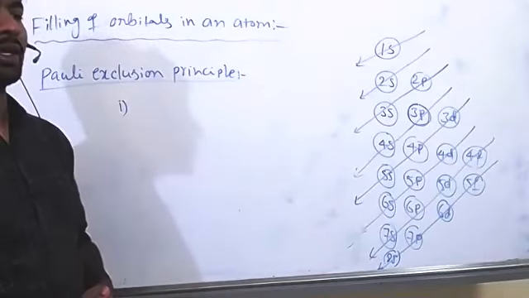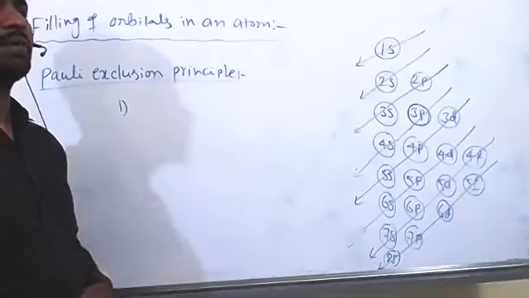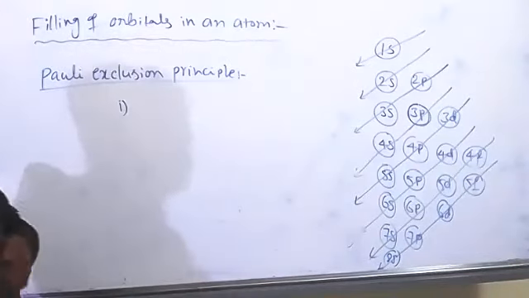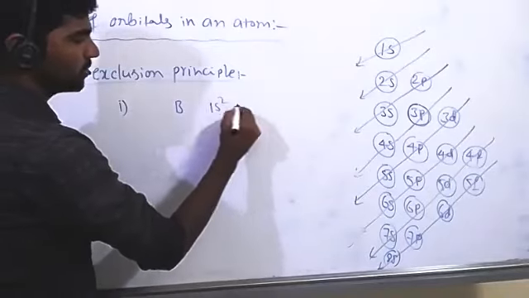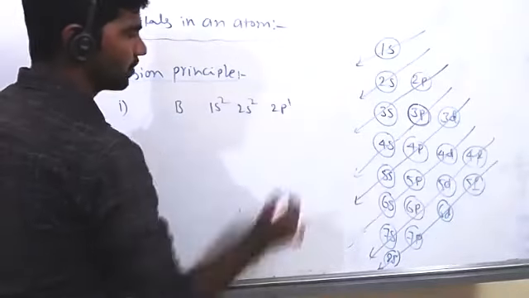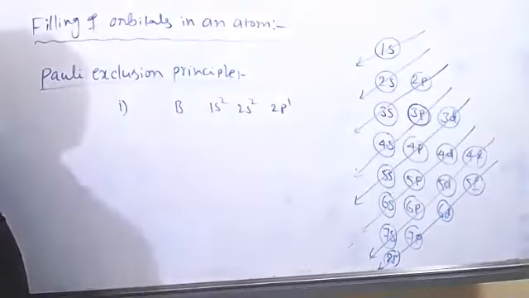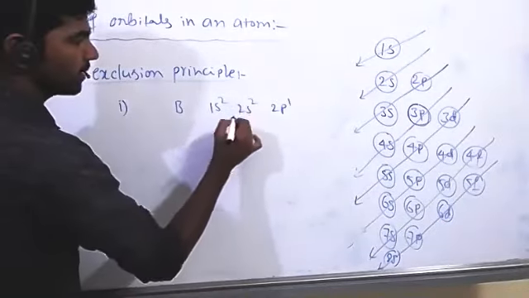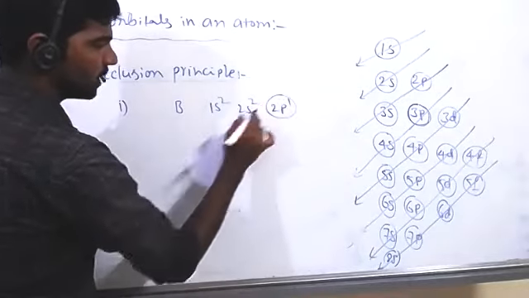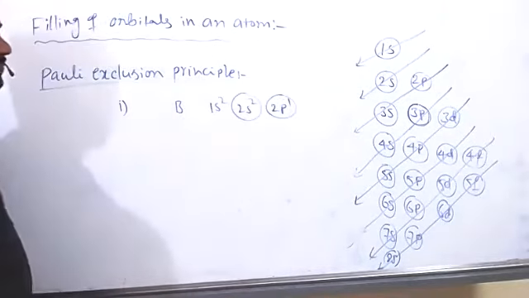Suppose we select one atom; any two electrons do not have the same quantum numbers. Suppose the electronic configuration of boron is 1s2, 2s2, 2p1. We will select two electrons and write their quantum numbers. I'm selecting one electron from 1s and one electron from 2s.